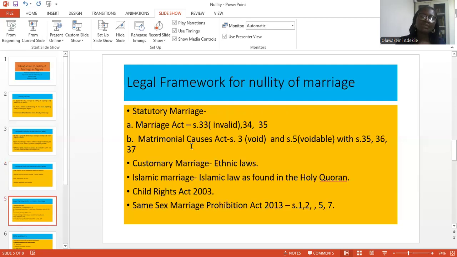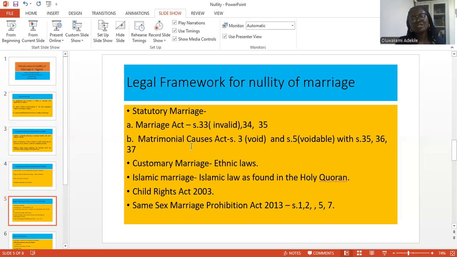Now, when you talk about the legal framework for nullity in Nigeria, you would have to look at the marriage type. If the marriage is celebrated under the Marriage Act, called a statutory marriage, then you must examine the provisions of the Marriage Act and the Matrimonial Causes Act essentially, and particularly sections 33, 34, 35 of the Marriage Act, which relate to invalid marriages.